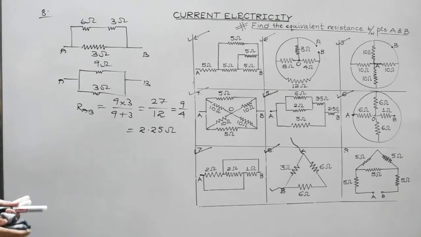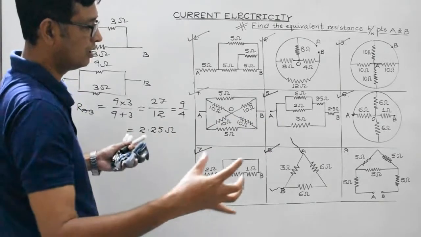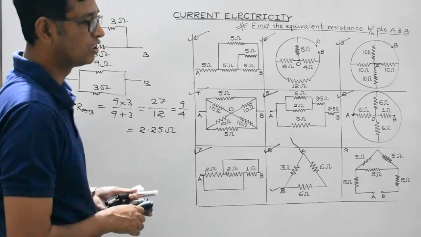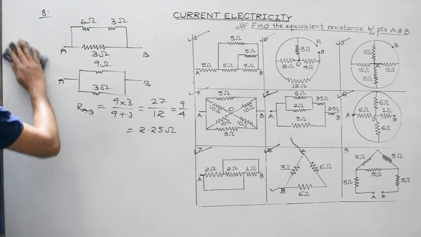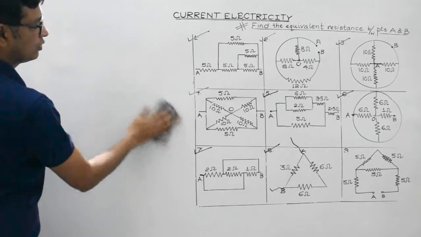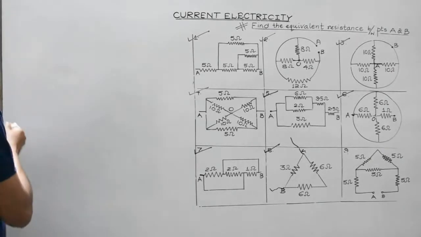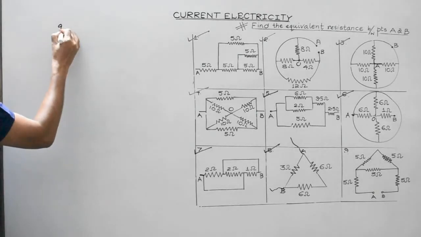Let's concentrate on the last question. There are 5 resistors which are grouped in a mixed manner. Some are connected in series, some are connected in parallel. So let's try to find out the resultant of 9th question, the equivalent resistance.